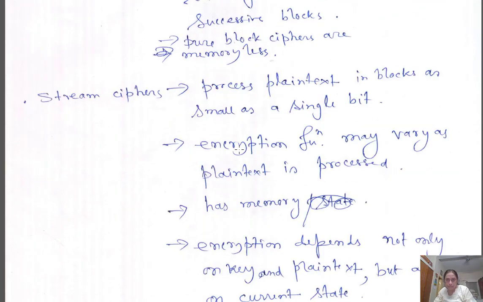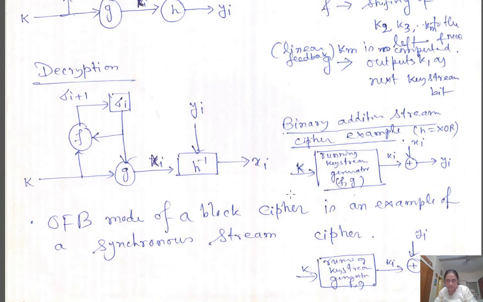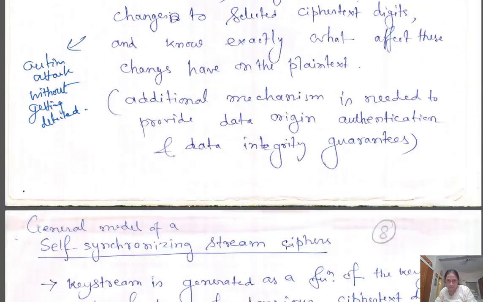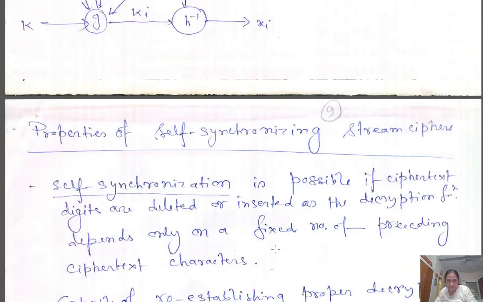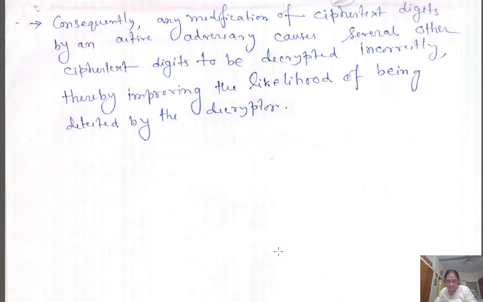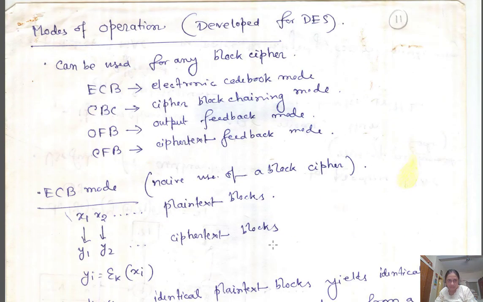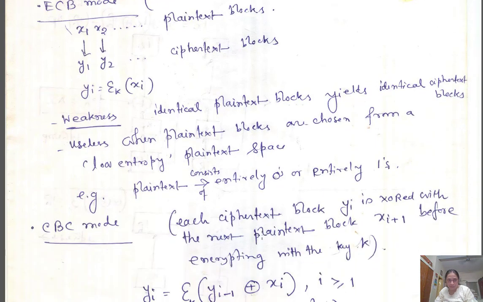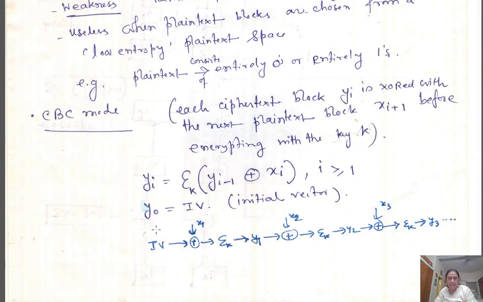I have the modes of operation here. Let me once again go through. You can see that in CBC mode, while generating yi, you have to remember y(i-1). This is encryption of xi using the key.